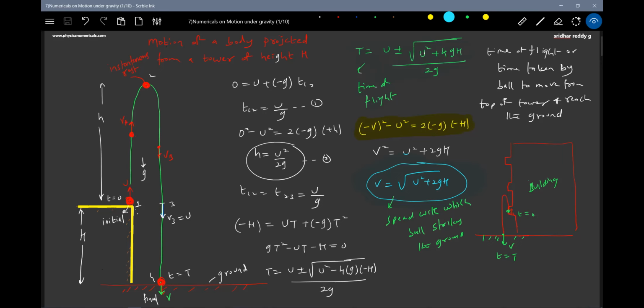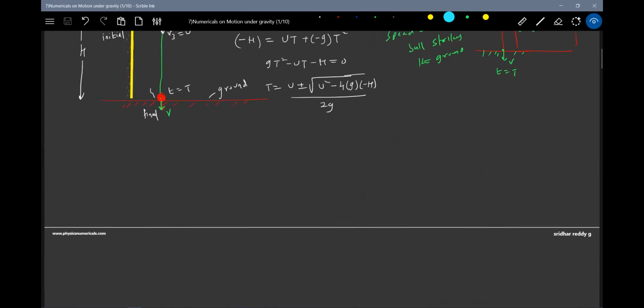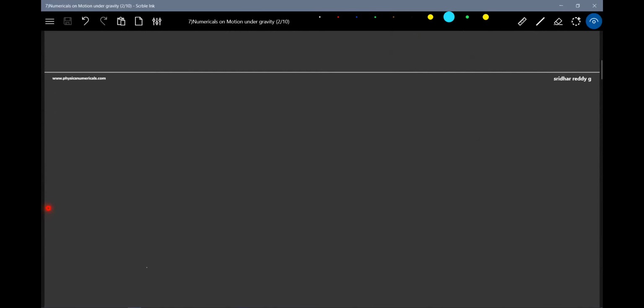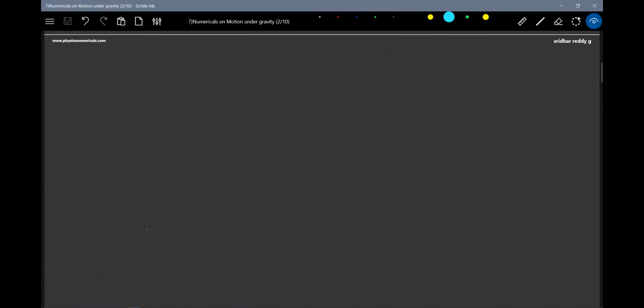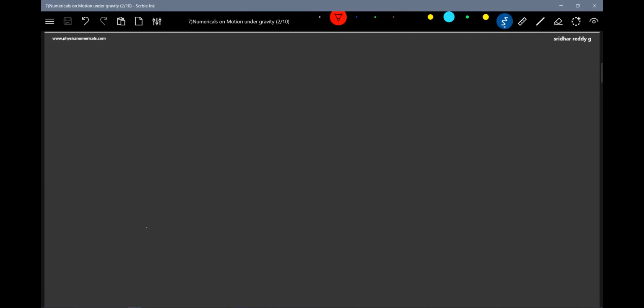Okay, let's go for plotting of the graphs. First, I'm interested in plotting the v-t graph. Initial velocity u.